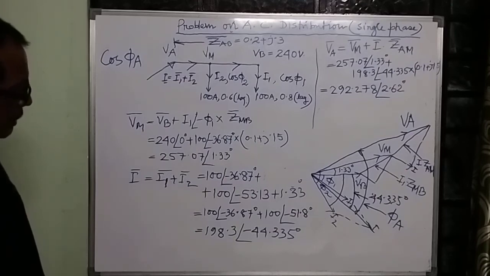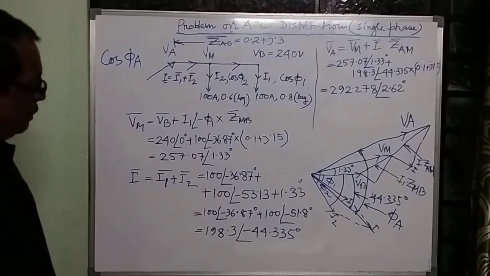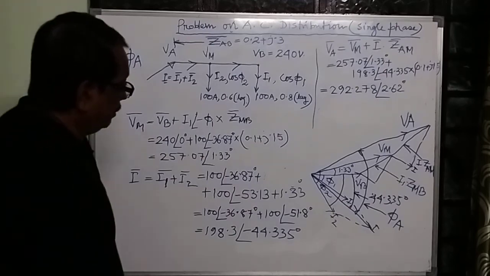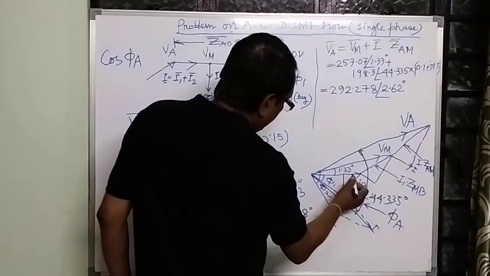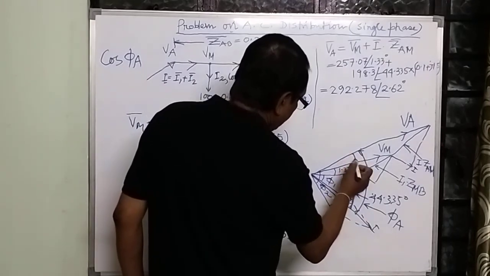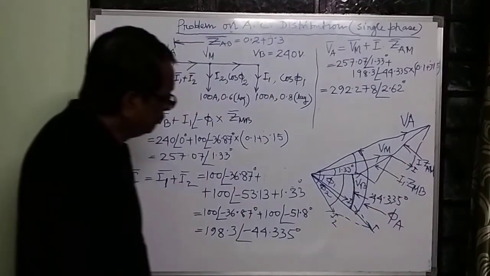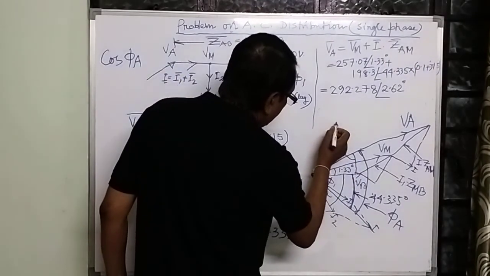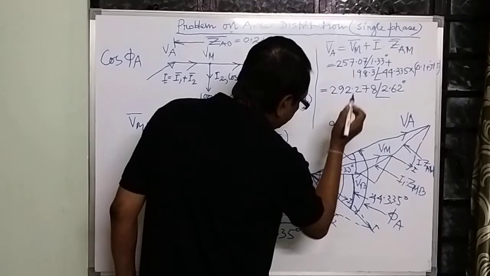It can be calculated because this portion is 44.335. Suppose this portion is alpha.